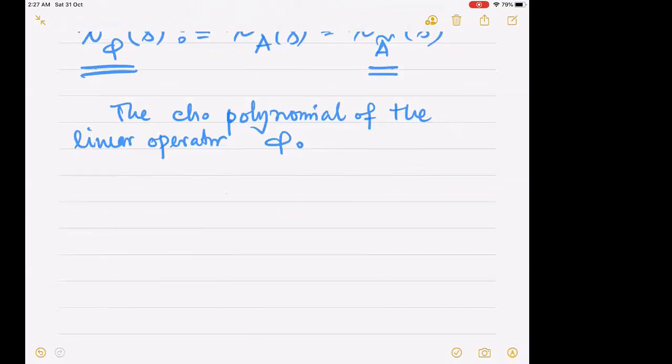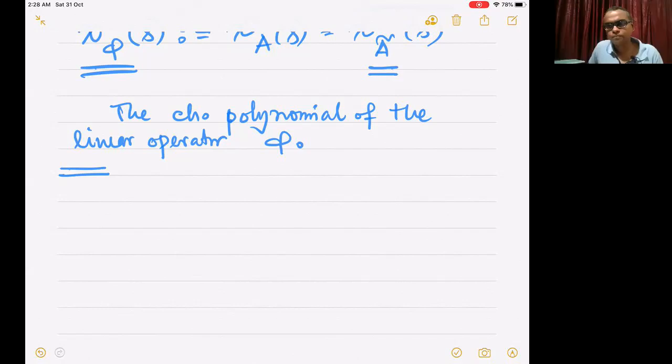Now from this point onward, we are not going to distinguish between the linear operator phi and the matrix A. We're going to use just A for these operators. So for us, A is the one that we're going to deal with.